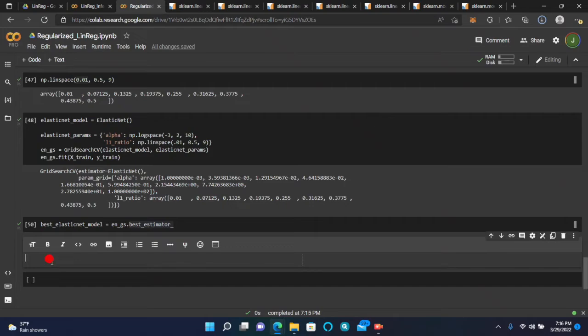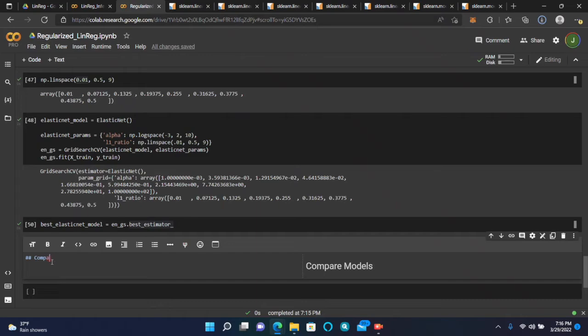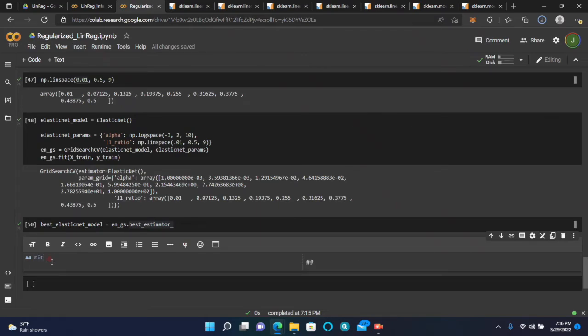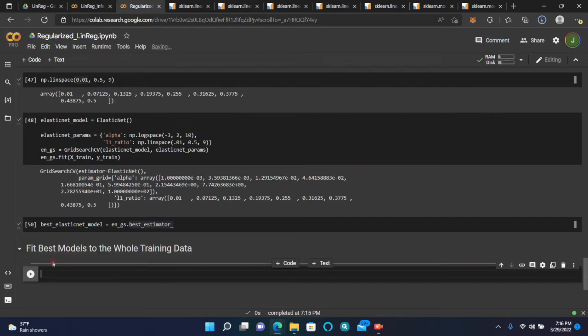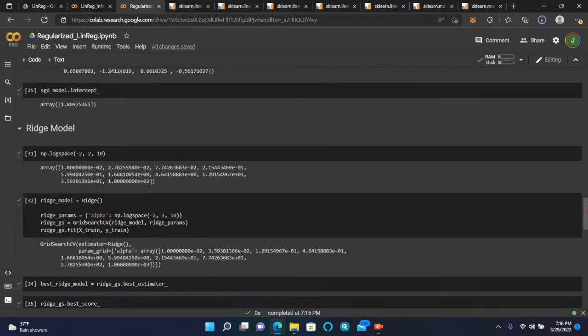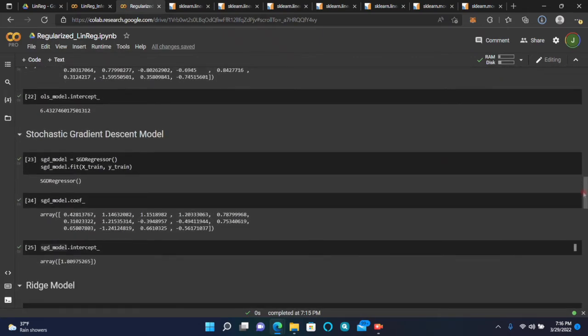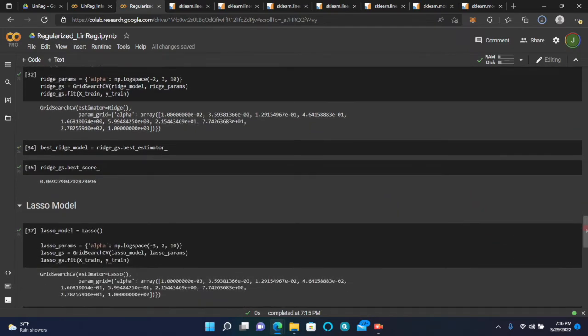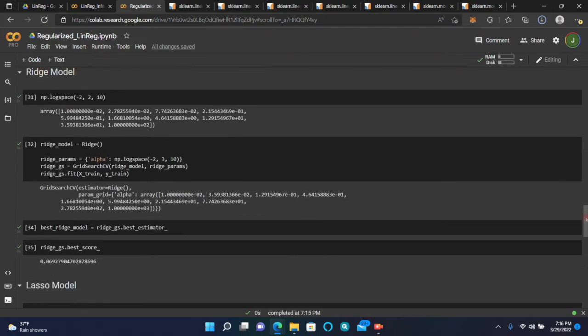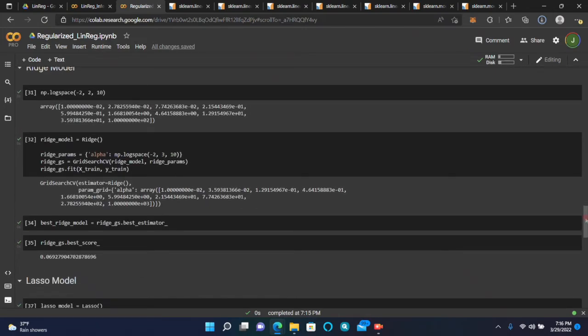Now, I want to compare the models. No, I don't. I want to fit best models to the whole training data. That's what I want to do. So with the OLS model and the SGD model, we've already done that, fit it to the entire thing. But since these other ones where we did the grid search, they are fit to a subset of the data.